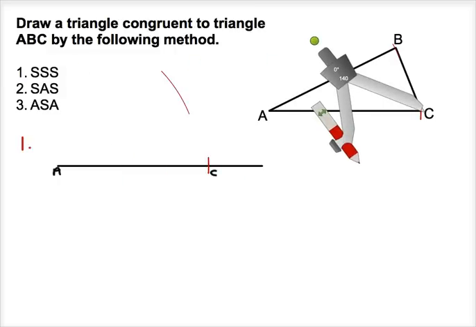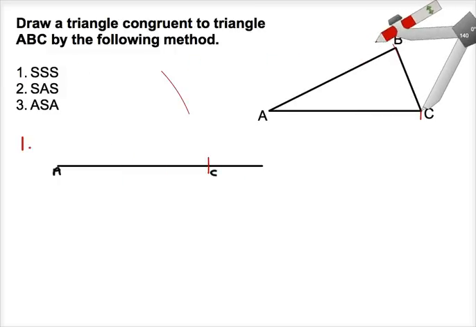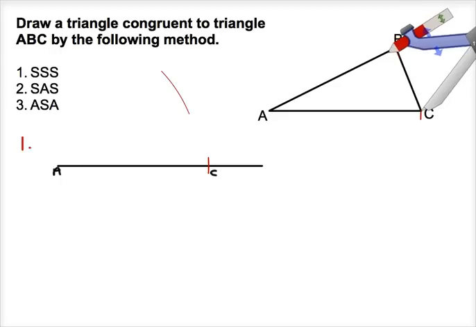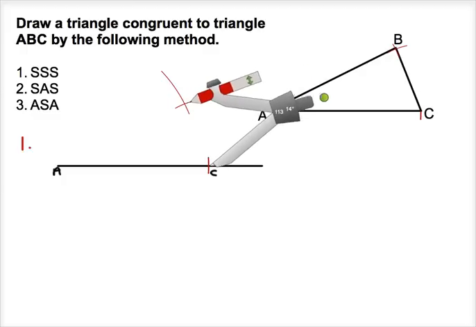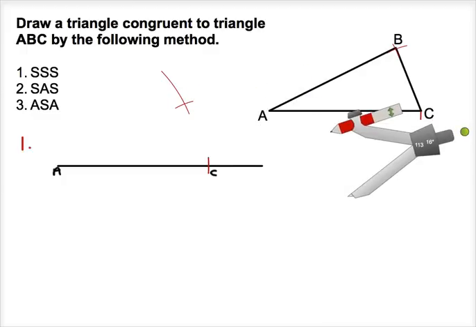So if I come over here and measure how long BC is, okay, here's my length for BC. Come back over here, here's my length for BC, and I've now found where vertex B is located, by just measuring all three side lengths.